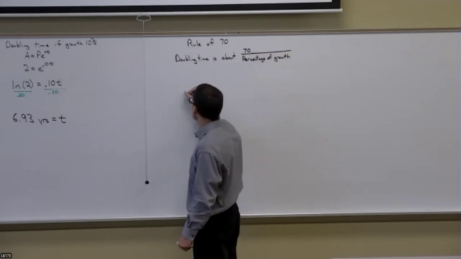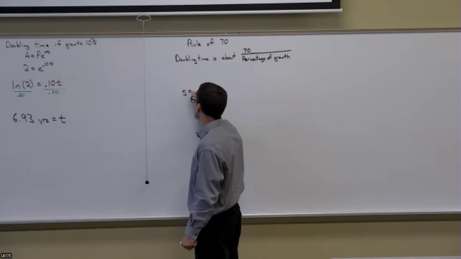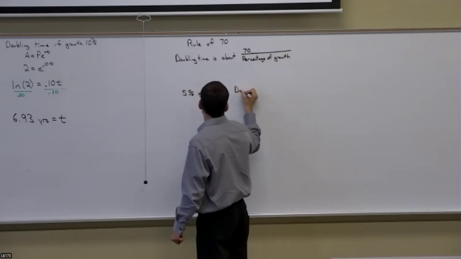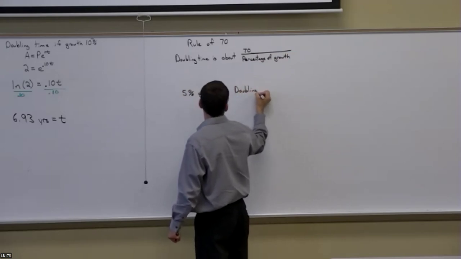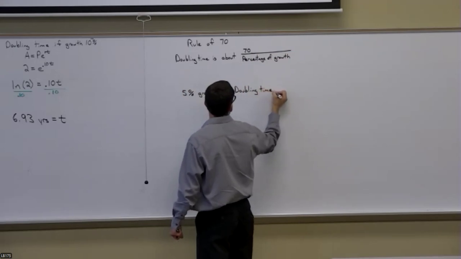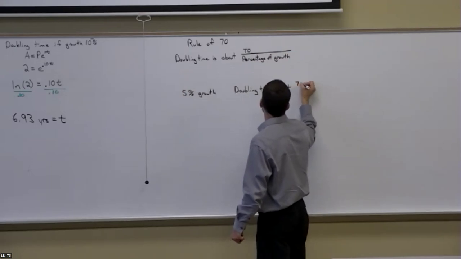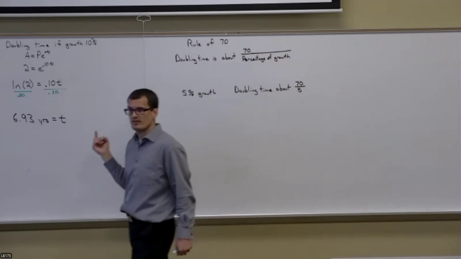So for instance, if we had a 5% growth, what we would say is that the doubling time is about 70 divided by 5. So 5%, 70 divided by 5.